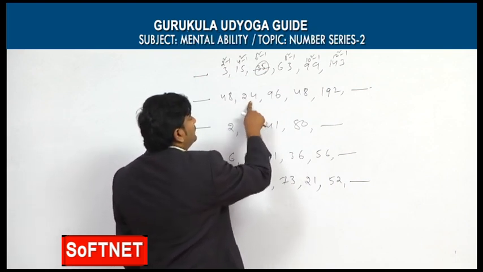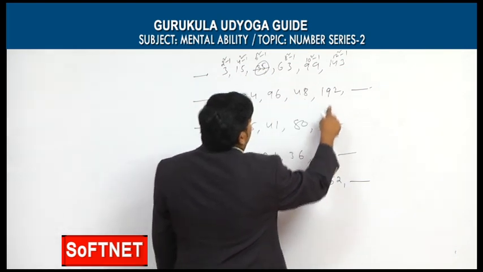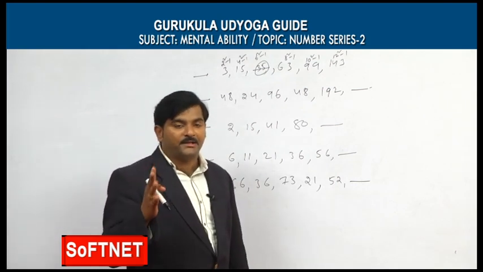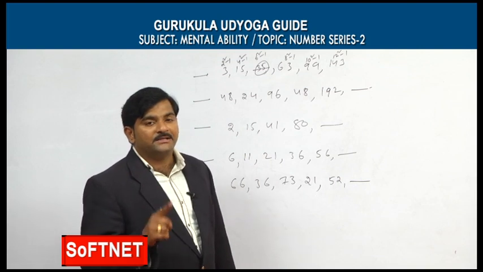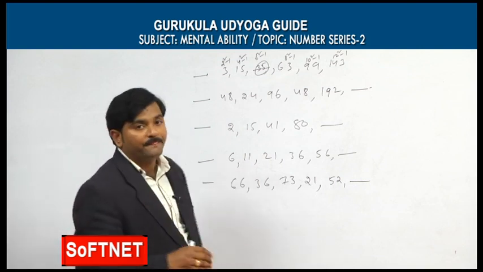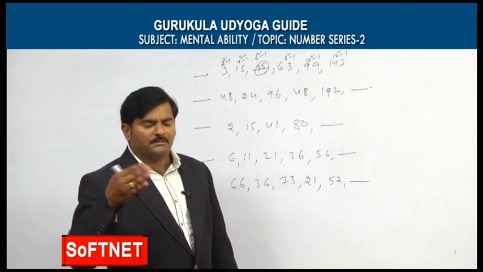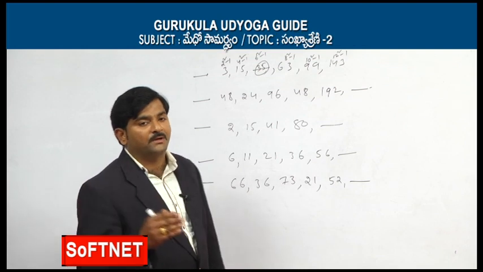So from this, if you will observe these two, it is decreased, again increased, decreased, again increased. So in this case, you must think in 2 points of view. One is there is a concept of alternate series. If not, some basic multiplication, division, addition, and so on.